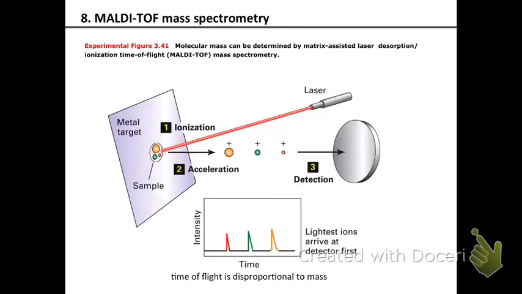Okay, so how does this work actually? So here's one example of the different types of mass spectrometers. Okay, so this is one type. It's called matrix assisted laser desorption ionization time of flight. You don't have to remember this, but it's TOF mass spectrometry.